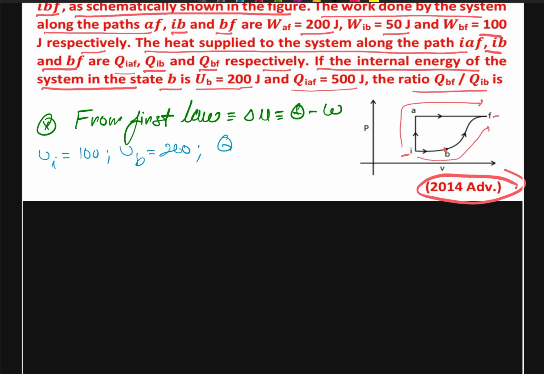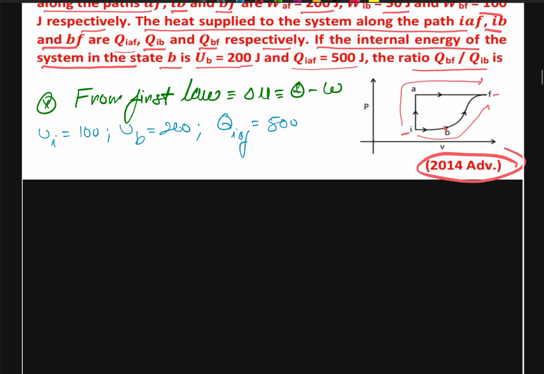Total heat for our path IAF is given as 500. And the work done is also given to us. So work done for the path AF, WAF is given to us 200, WIB is given to us 50 and WBF is also given to us as 100.